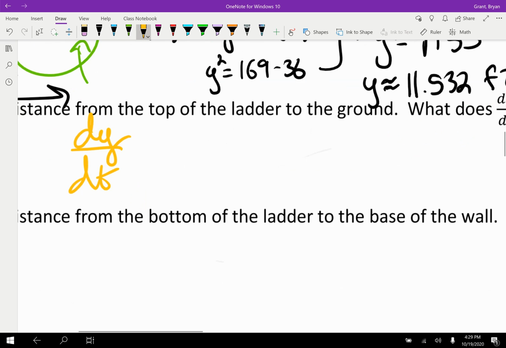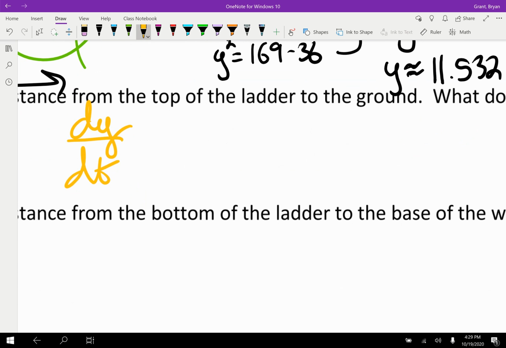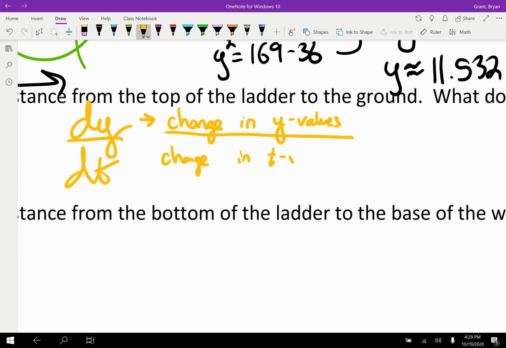We are going to take dy, where d is essentially like that triangle, that change in. And there's a little bit more when we make it this d something, but we'll expand on that as we go through. Dy is going to mean the change in the y values, versus dx is going to be the change in t values.